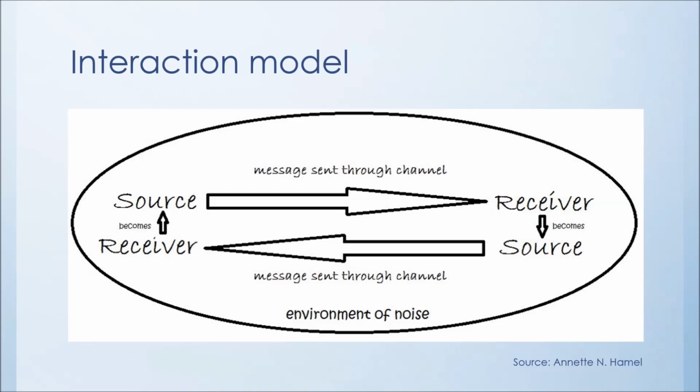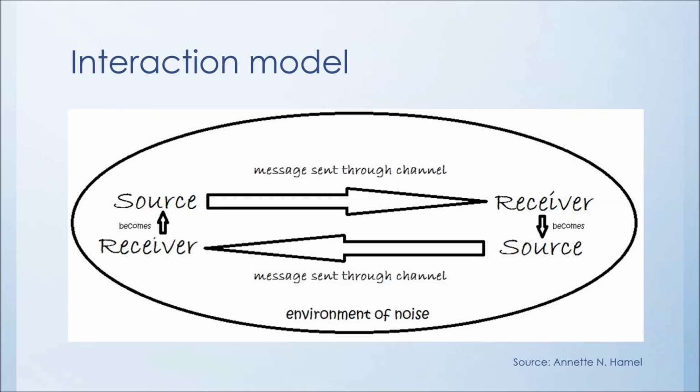The second model we'll examine is called the interaction model. Think about what the word interaction means. It means action between. So in this case, the two parties involved in this communication process are both taking part. It's going back and forth between them. This is what you might call a turn-taking model of communication. If you look at the top part of the picture, it looks very similar to the linear model we just looked at.